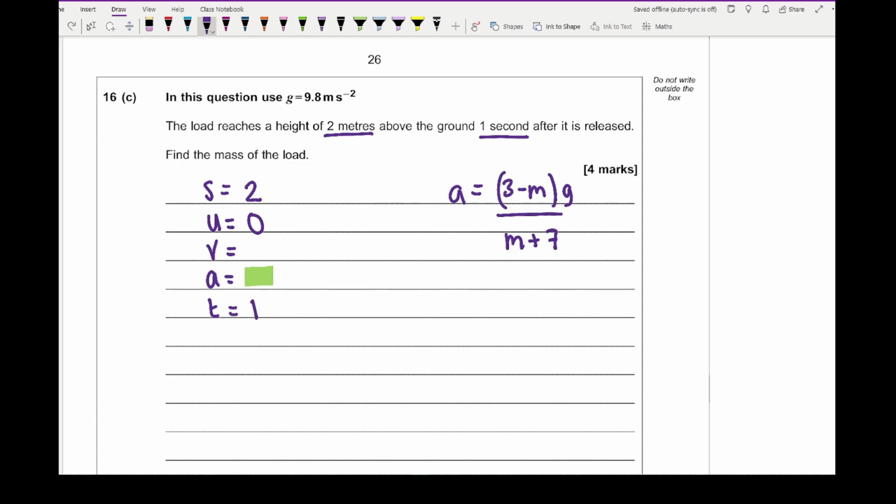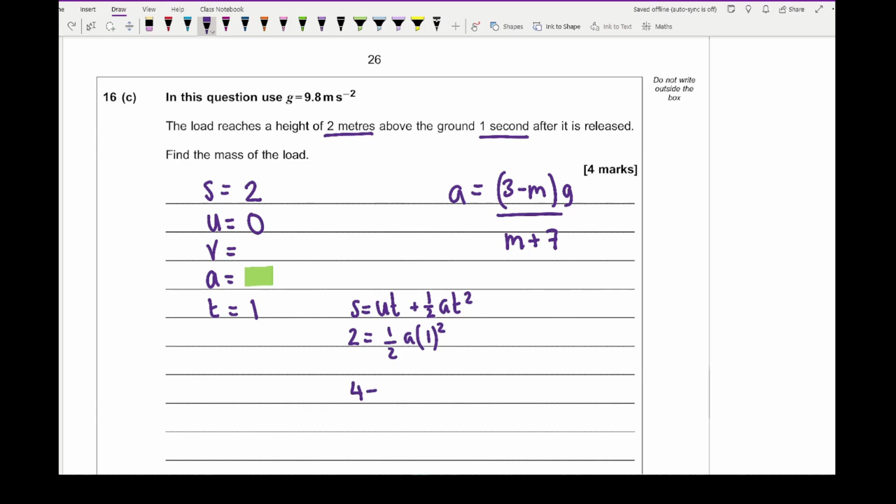So using s, u, a and t, we're going to use the Suvat equation. So s equals ut plus half at squared, and we want to find that value for a. So using that substitution, 2 is equal to 0 lots of 1, plus half a times 1 squared.